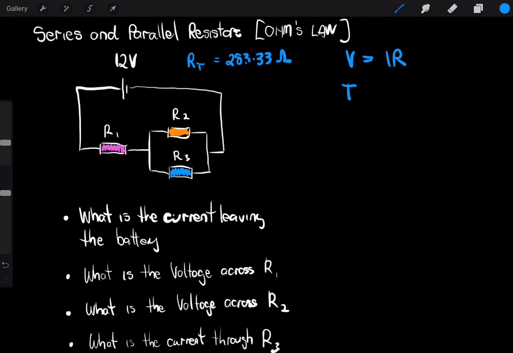We want the current, so I will equal V over R. Now remember, in the global version of Ohm's law, V is the voltage of the battery, so it's 12, and the total resistance is 283.33. So the current leaving the battery will be 12 divided by 283.33, which equals 0.0423, or 0.042 amps.